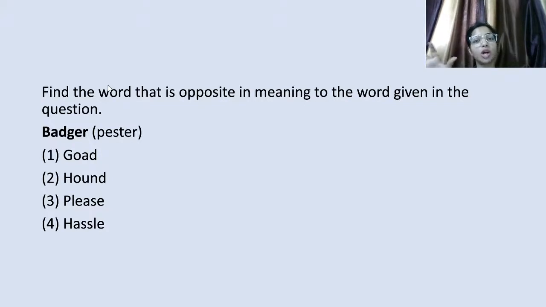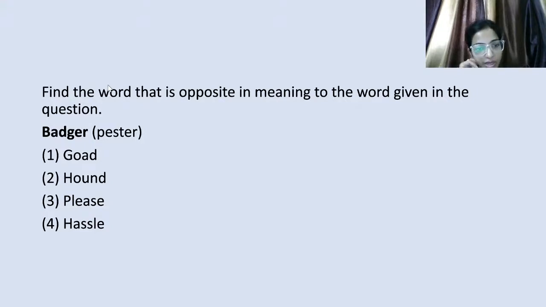Just like those hounds actually follow and threaten you, in a similar way, the meaning of this word hound is when somebody is following you to the extent that he or she is annoying you. Hence, the crux of the meaning of this word is again to pester, to annoy somebody. So this is also the same in meaning as my question, that is badger. So this is again not a right option.